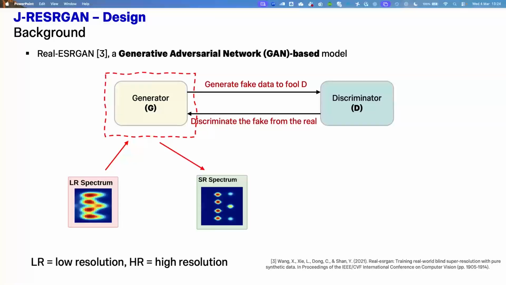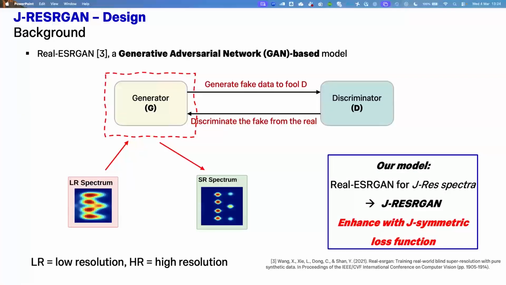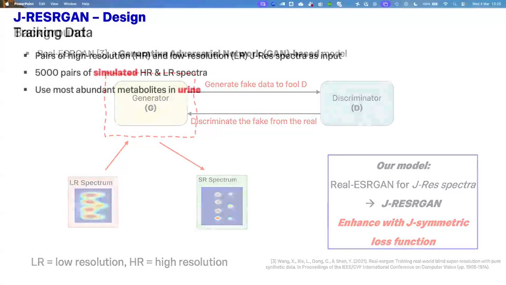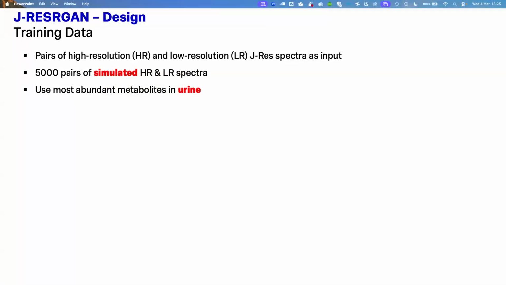So that's our plan. Because we base this on ESRGAN, we called our method JRESA-GAN, okay, just to put those acronyms together, okay? And the key thing was we weren't just taking this as off the shelf completely. We changed the loss function, particularly to take account of this Y symmetry, so the symmetry between the top and the bottom half of the image, to try and exploit that from the point of view of metabolomics.